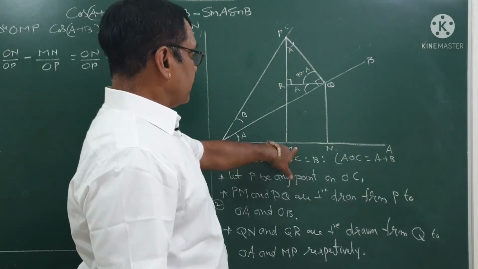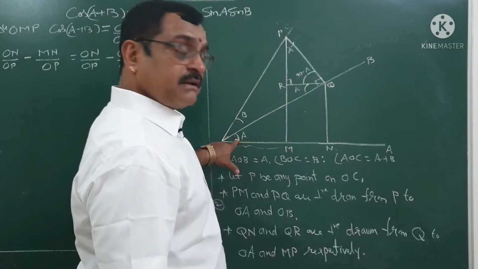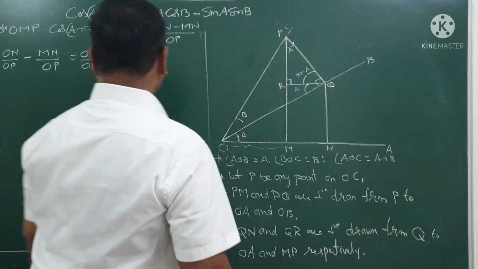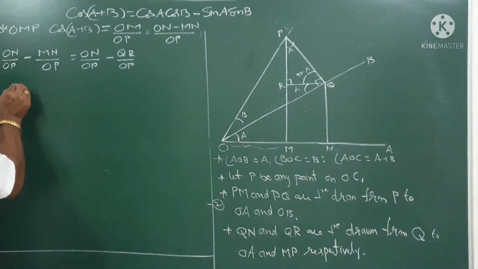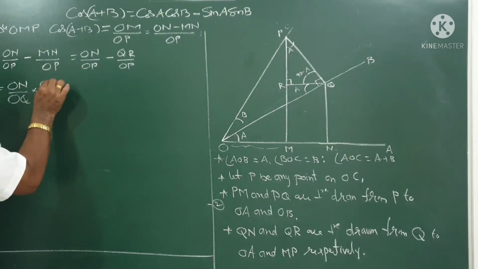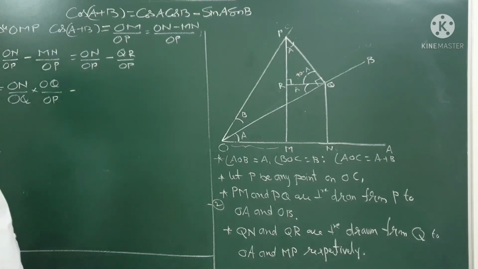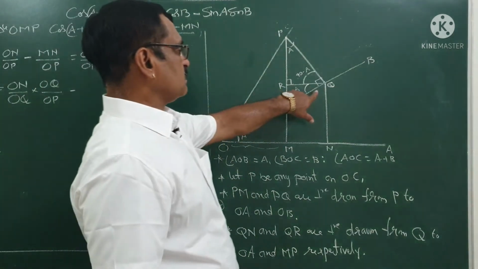Now ON, I have here ON. If I have ON by OQ, I can write cos A. So I multiply and divide by OQ here: ON by OQ times OQ by OP, minus QR. Where is QR? This is QR.